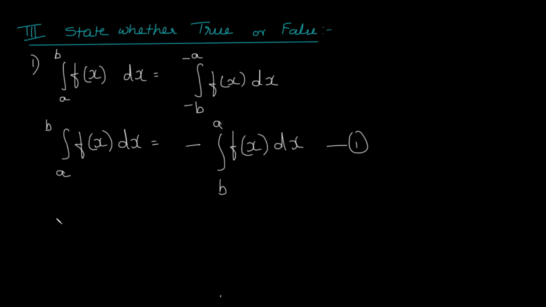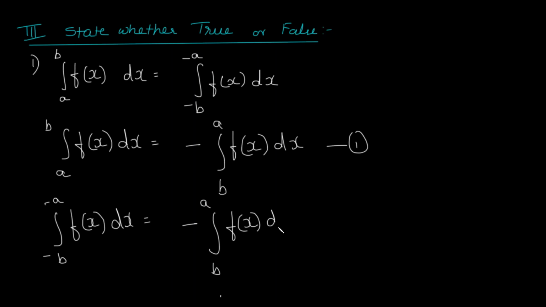Similarly, the RHS, the integral minus b to minus a f(x) dx, is the same as minus, if you take a minus sign common here, integral b to a f(x) dx. This is the second term. So from 1 and 2, we see that both these terms are equal. Both these terms mean the same thing. As a result, our answer over here is true.